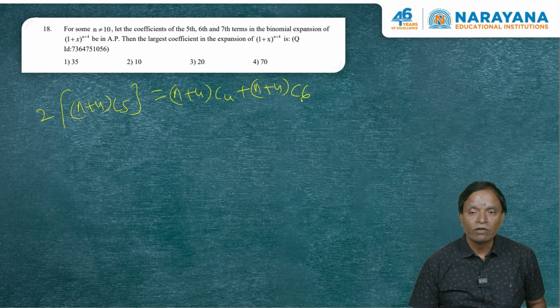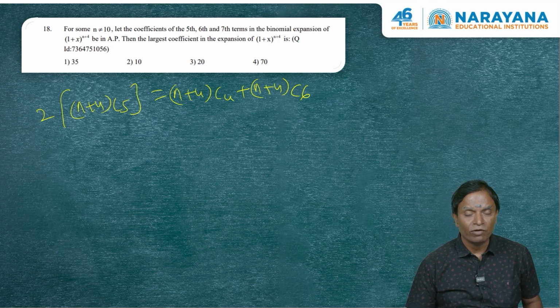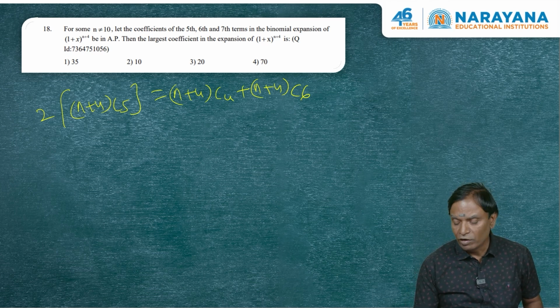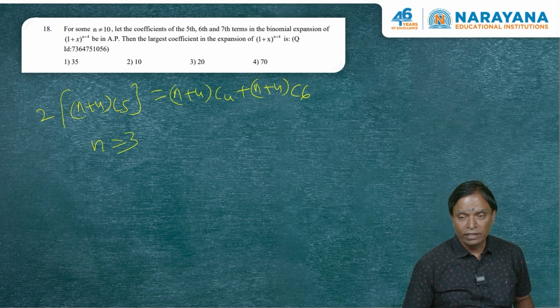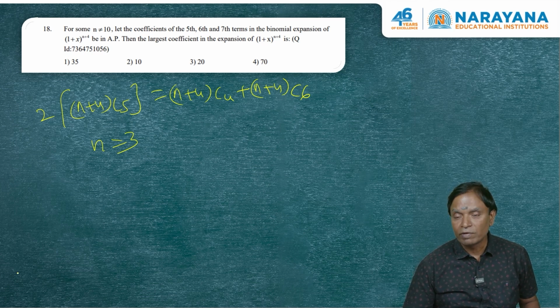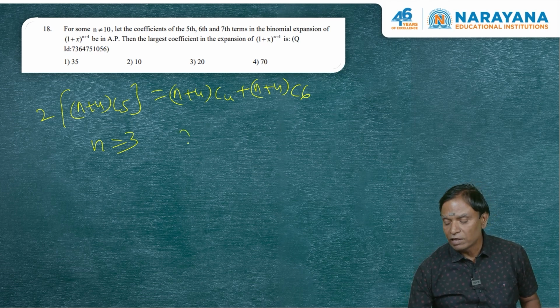Solve this equation and get the value of n. Whatever you get by solving this equation, n is equal to 3. You want the largest coefficient in that expansion. The power of (1+x)^(n+4) will become (1+x)^7. Since 7 is odd, the greatest coefficient will be 7C3, which is 35.